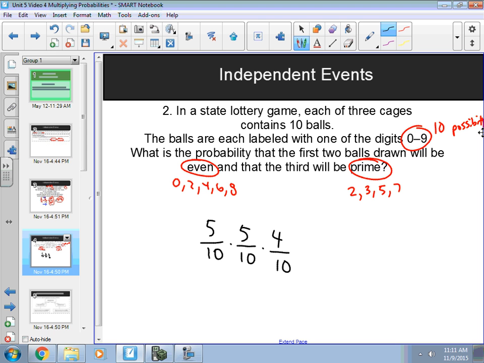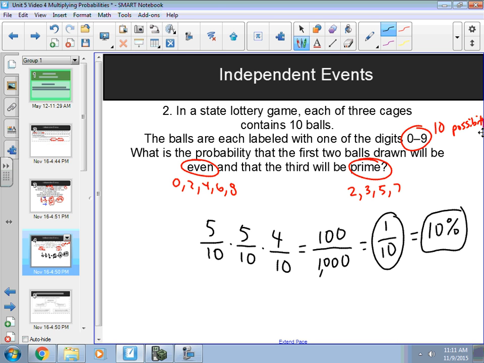So if you multiply everything on the top, that's 100. You multiply everything on the bottom, that's 1,000. And so the probability here, we could simplify that. That would be the same as 1 out of 10, or that's the same as 10% chance. So either one of these two answers would be good.